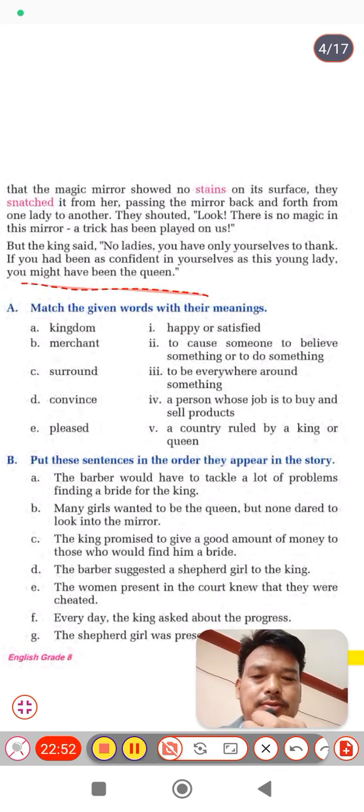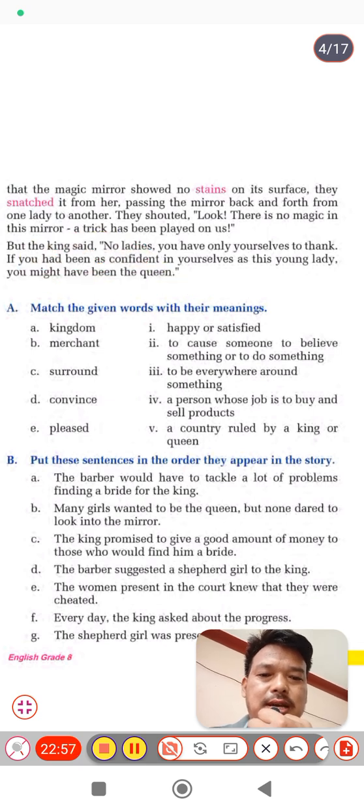The king said to the ladies that if they had been confident about themselves like this young lady, they could have become the queen.